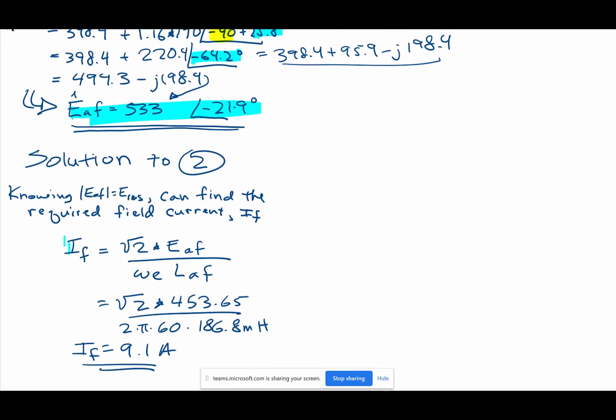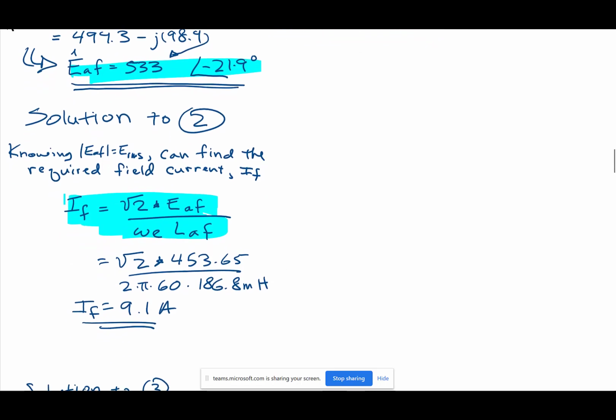This is one of the important equations that you've got to have in your notes, relating the field current to the EMF voltage amplitude in RMS. That's why we have the square root of 2 times that, and relates it to the electrical frequency. And so this is the field current now. It's 9.1.